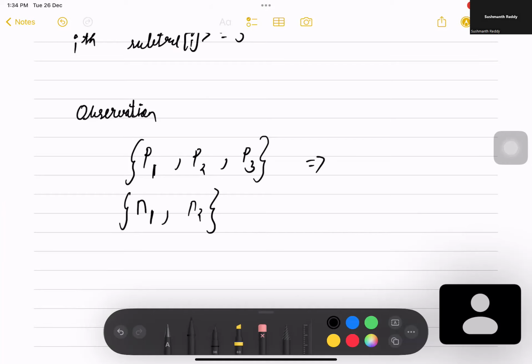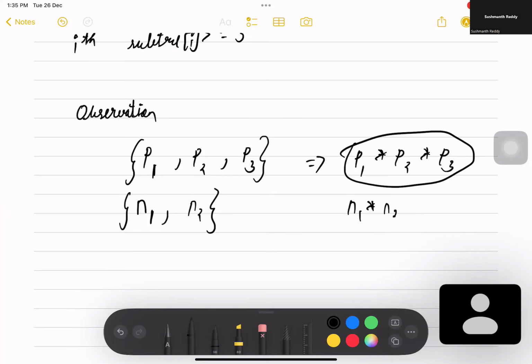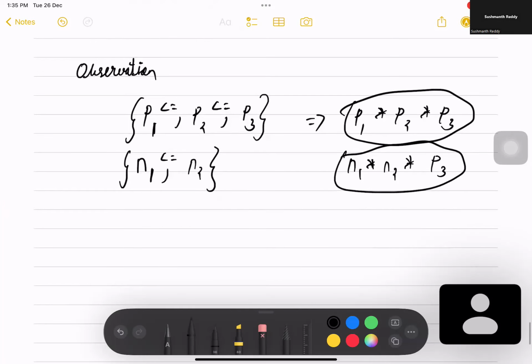Because the maximum coins we can assign could be P1 into P2 into P3, either this, or it can be N1 into N2 into P3, right? Assuming that these are in increasing order and this is also in increasing order. So this is how we can assign.